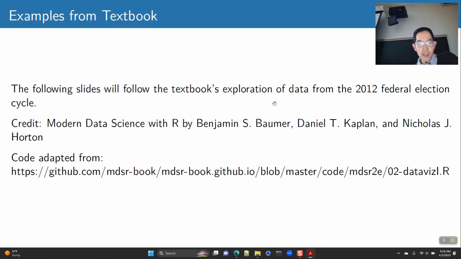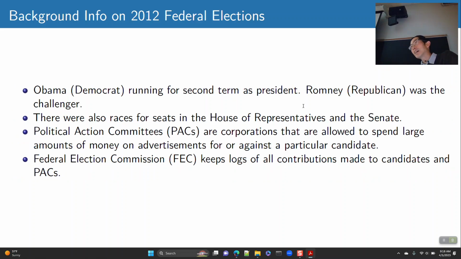They explore some information from the 2012 federal election cycle. I don't know how old you were in 2012, you were like 10 or something. During that election, Obama was running for re-election, and the Republican challenger was Mitt Romney, and there were also races for the House of Representatives and the Senate, and there were political action committees.